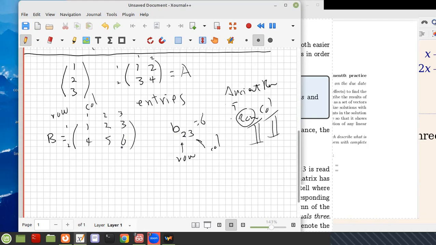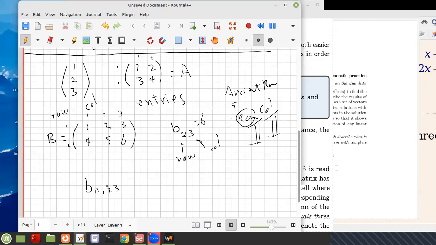What if there are like 11 rows? Then you would need to do something like B11, comma 23. But who wants to deal with that? That would be in a linear system that had at least 11 equations and 23 variables. We're not going to be dealing with that unless we're dealing with it on a computer.